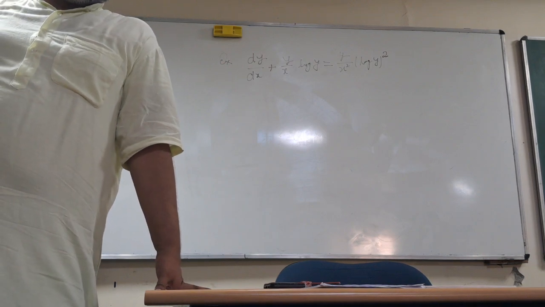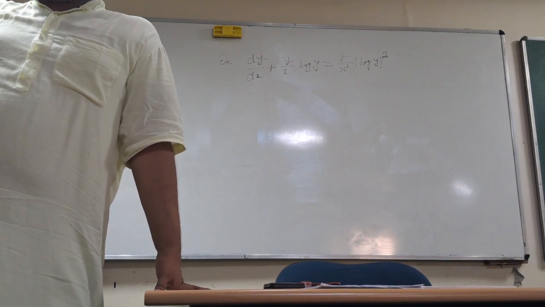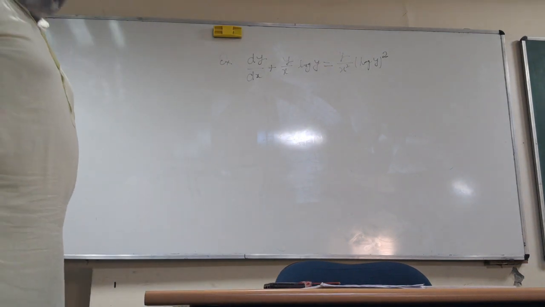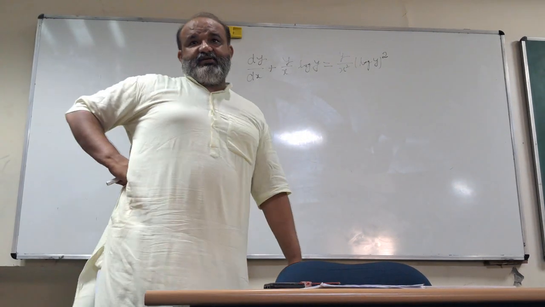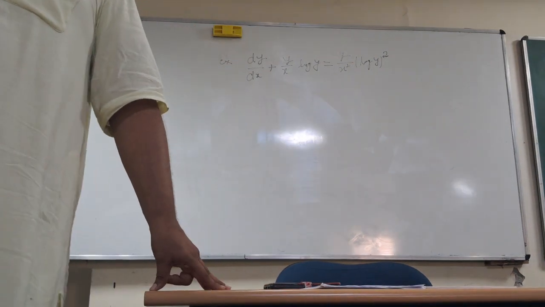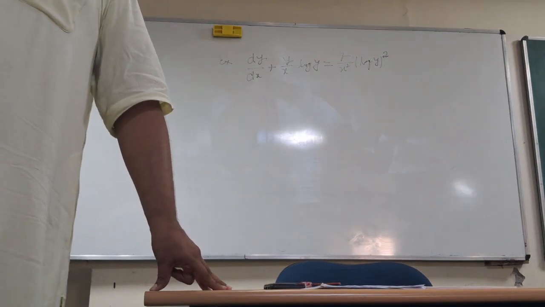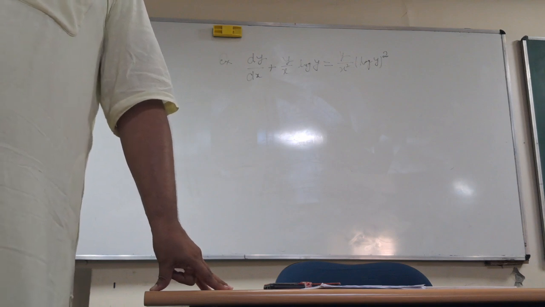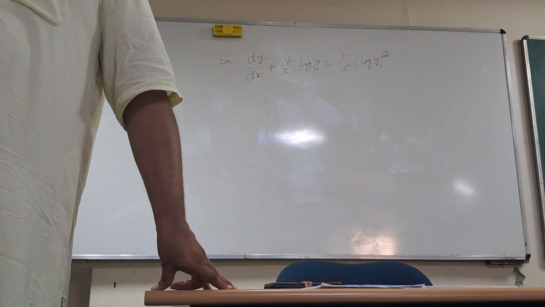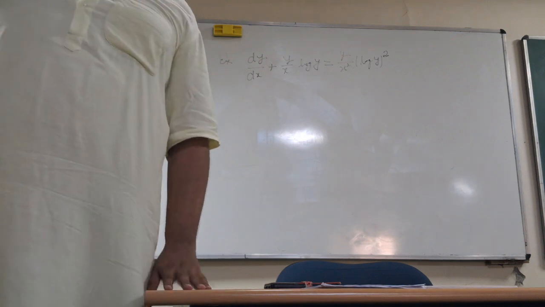Let me have some manipulation for this problem. What was the form? f dash y into dy upon dx plus b of x into f of y is equal to q of x. Is that okay?